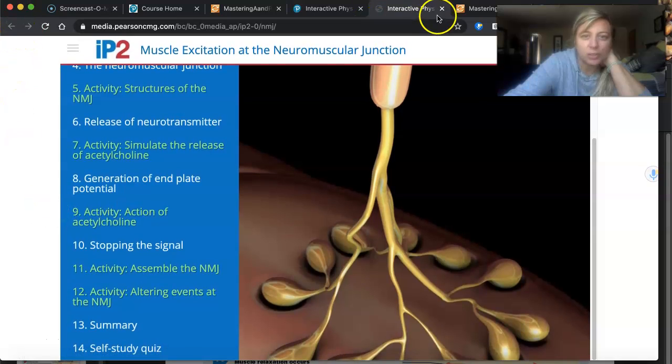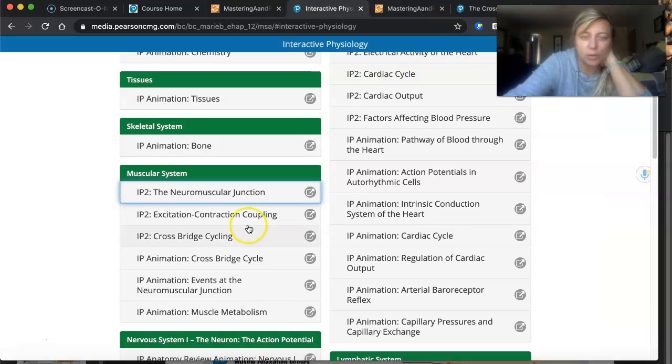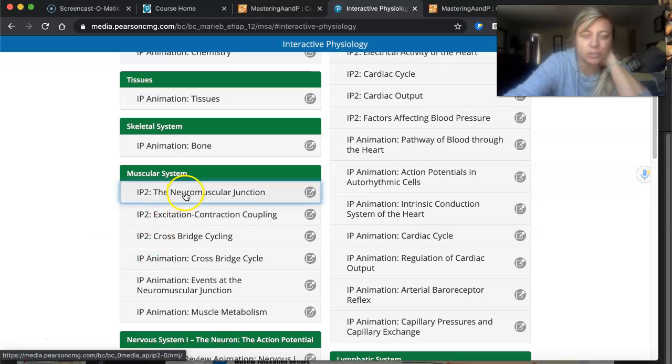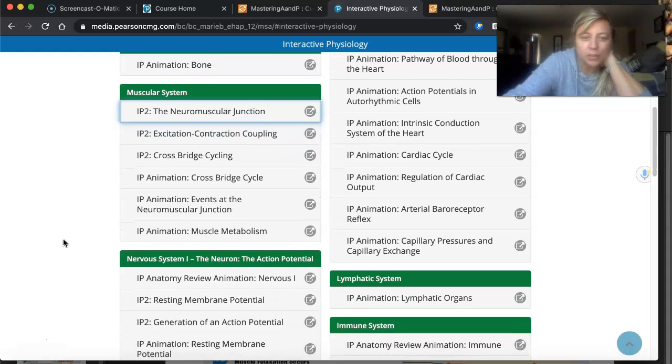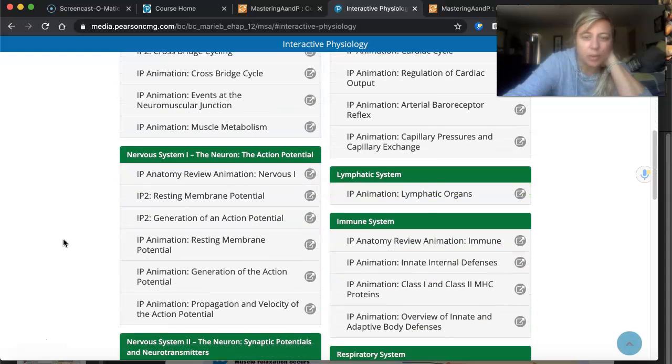So if you feel like you need a little more review or practice with the concepts that we just went through on how muscle cells contract, I encourage you to visit those three interactive physiologies for the muscular system. And while we're here, there are several of them for upcoming modules too.